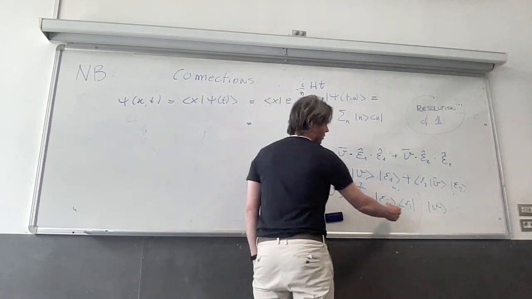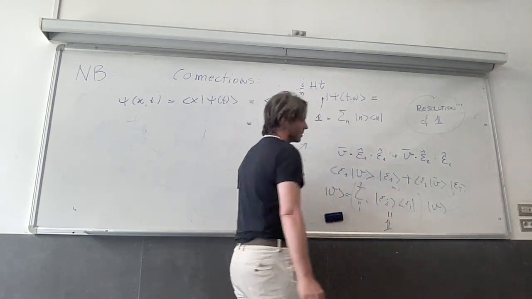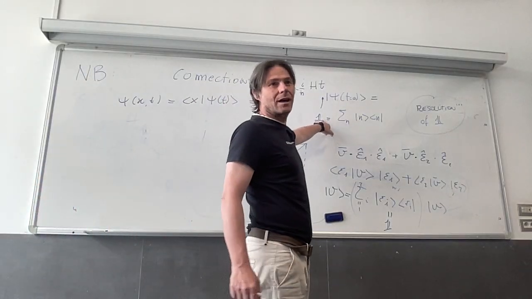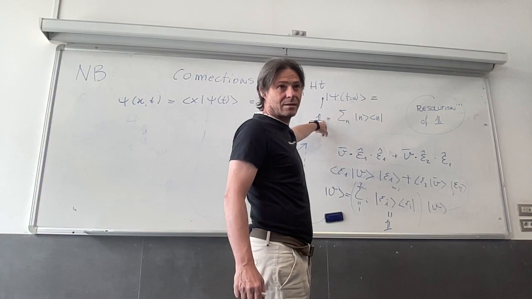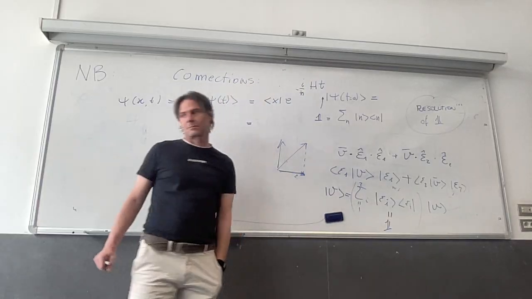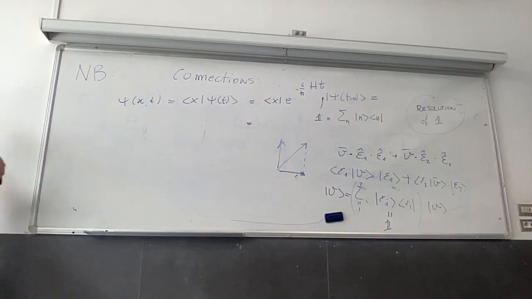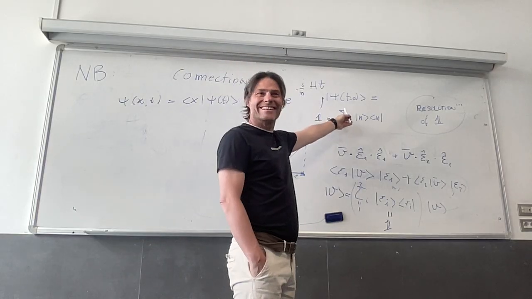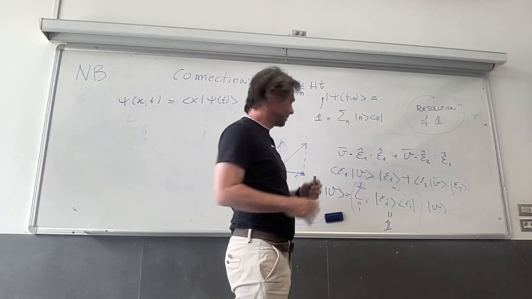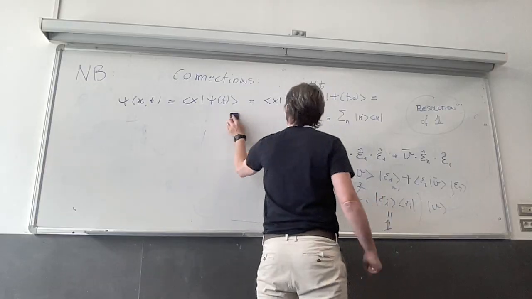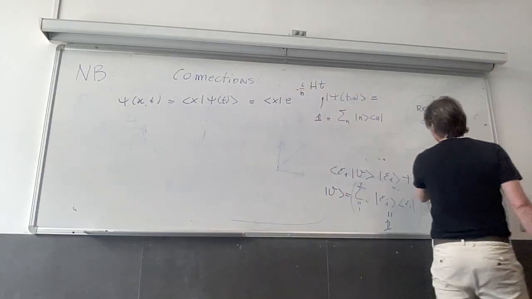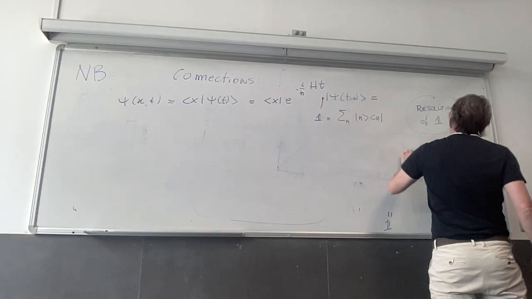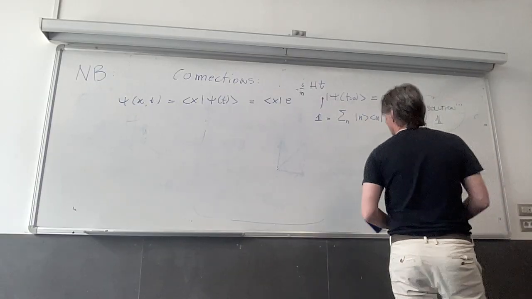So this means that this is nothing but the identity, which for two dimensions is what this is for an n-dimensional Hilbert space. So I can do this. Okay? This is my review of quantum mechanics 101.